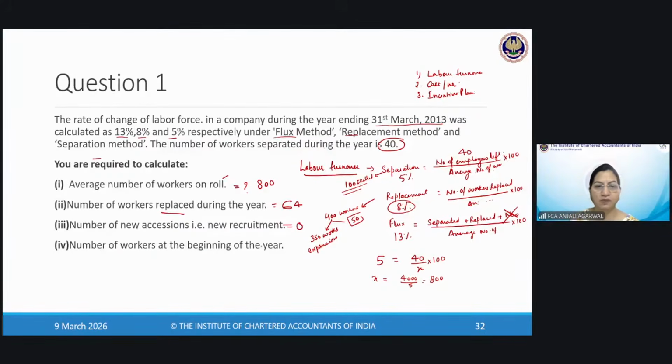How many number of workers were there in the beginning of the year? All right. So let's say A number of workers were there in the beginning of the year. Out of A, 40 left plus 64 joined. So this is your closing balance.